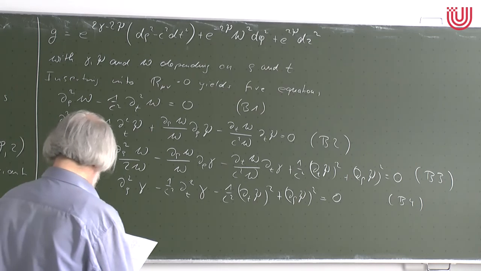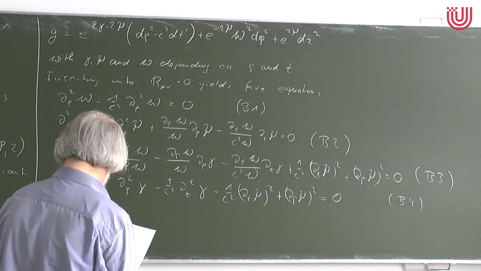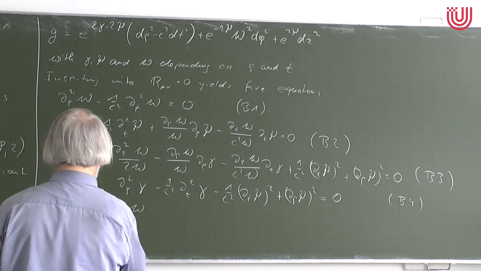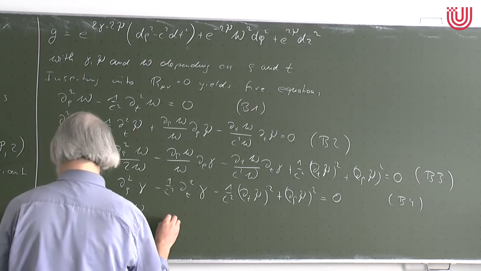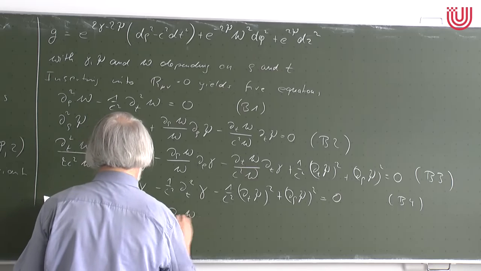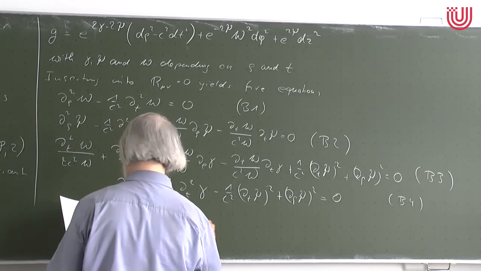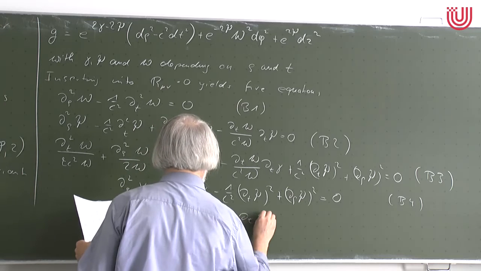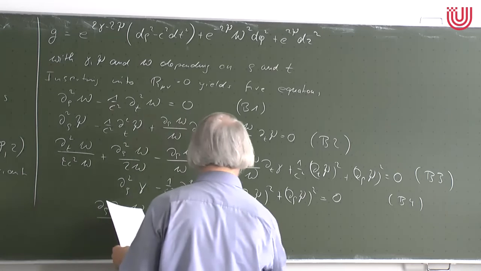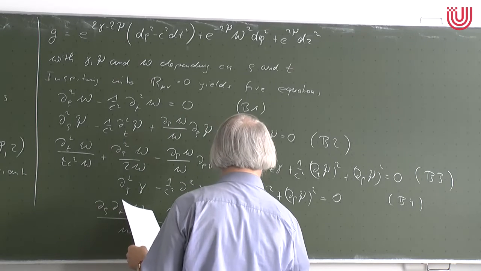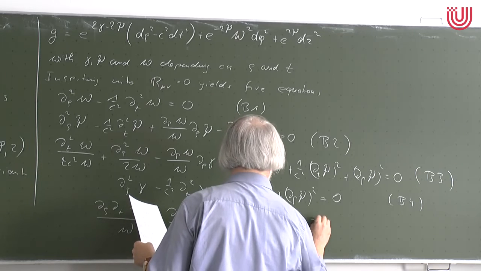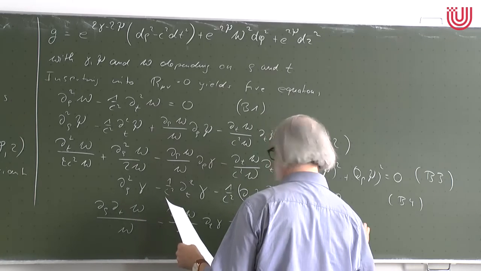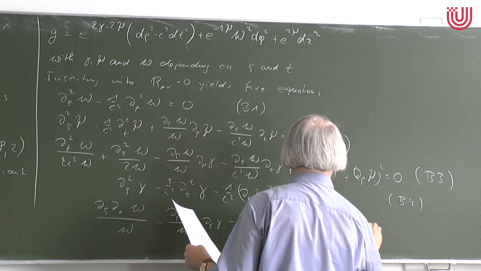And then there is one equation left. This is the only one with mixed derivatives. D_rho d_t w minus d_rho w divided by w d_t gamma minus d_t w over w d_rho gamma plus 2 d_rho psi d_t psi is 0.